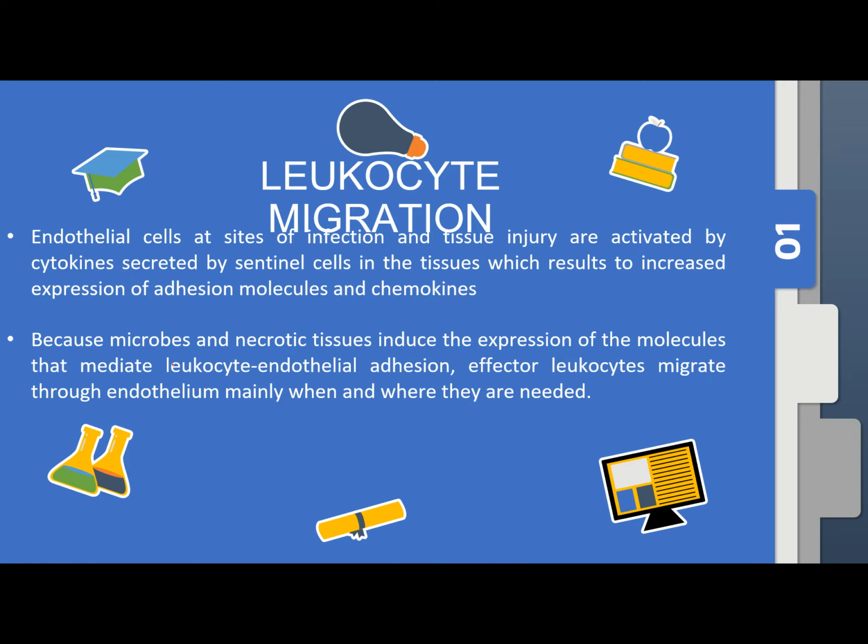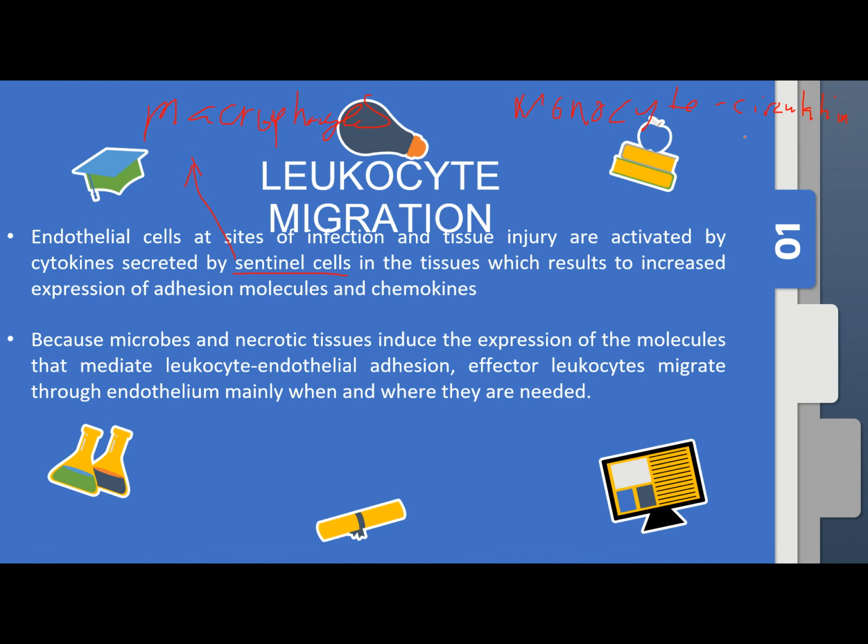Now, endothelial cells at sites of infection and tissue injury are activated by cytokines released by sentinel cells in the tissue, which would result in increased expression of adhesion molecules and chemokines. Whenever you would hear the word sentinel cells, class, this would usually refer to the macrophages. Now, macrophages, class, are typically found in the tissues, as you all know. Monocytes, if you still remember, are found in the circulation. So if your monocytes go into tissues, they would become macrophages and they would have different names.